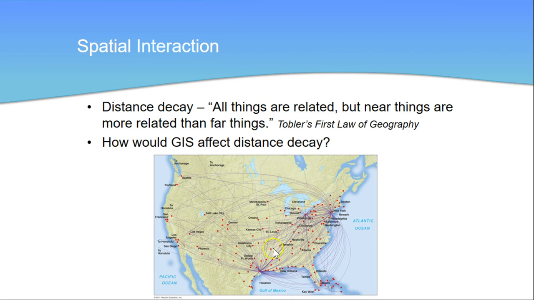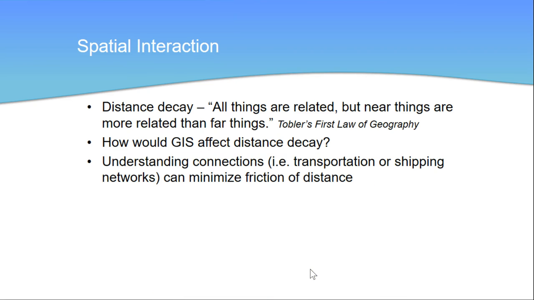But this is like an airline map, and you can see that just being able to understand how to move planes has decreased distance decay because you can get places faster than you could before. So there's an example, right? And that's minimizing the friction of distance by understanding these connections. So distance decay, farther things are less accessible, right?